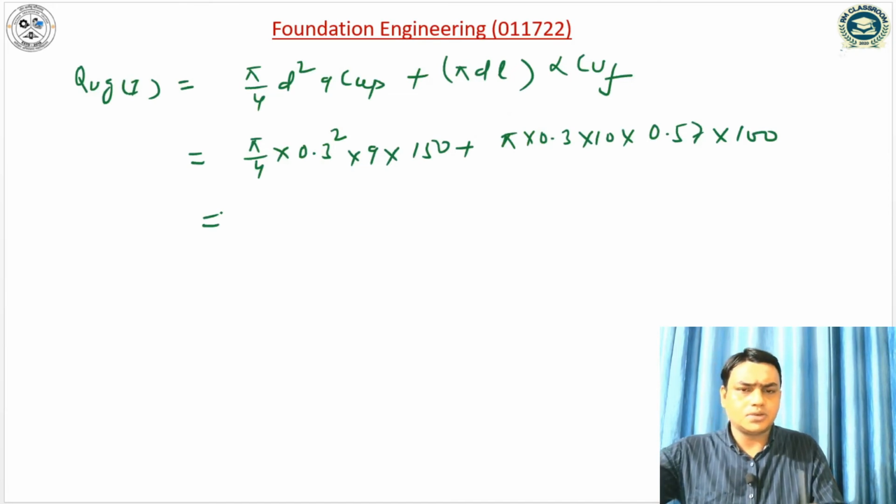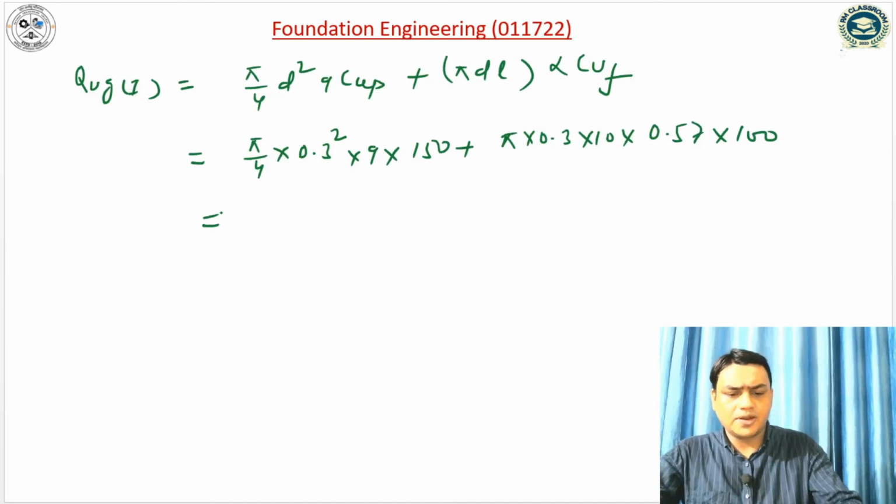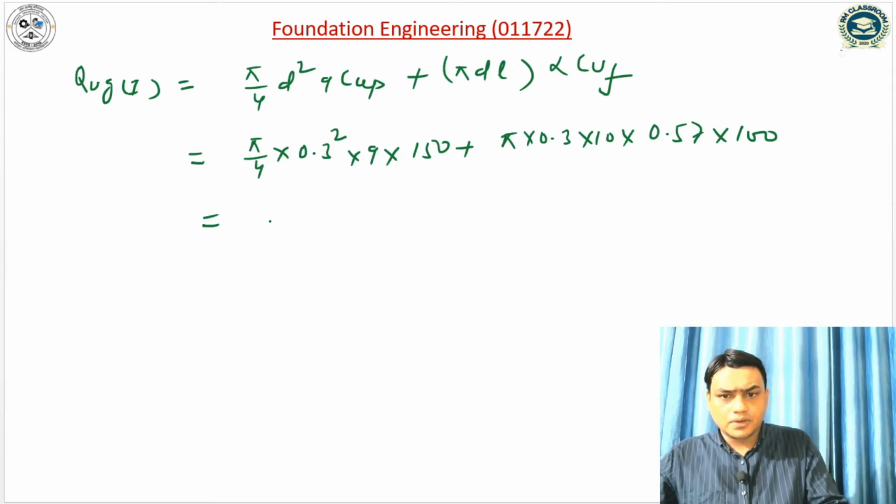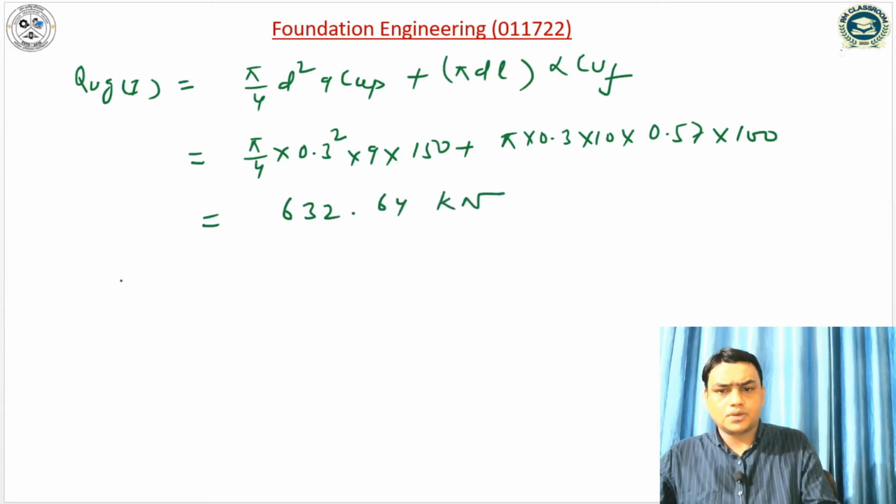So if I compute the ultimate load for the individual pile, it will be 0.25 into pi into 9 into 150 into 0.3 whole square plus 0.3 into pi into 5.7 into 100. So it is 632.64 kilonewton.